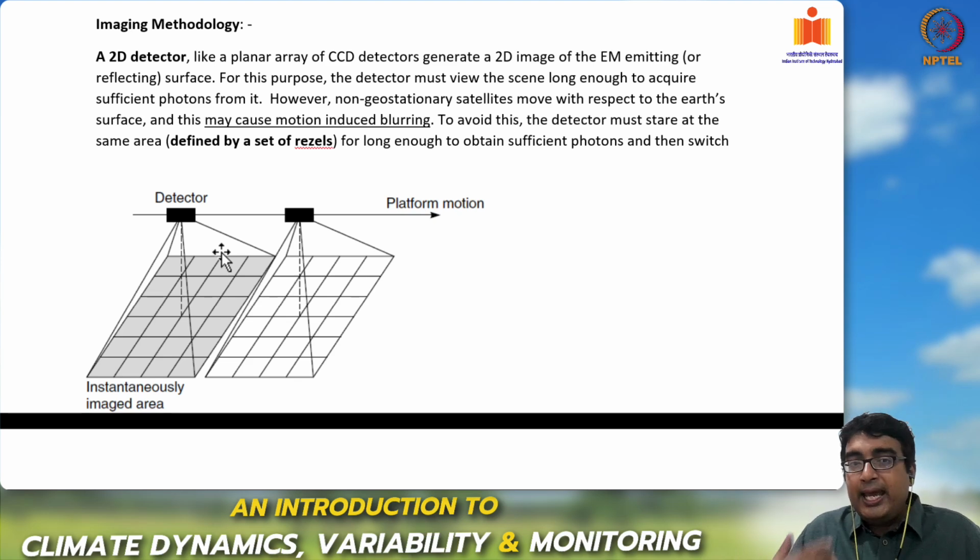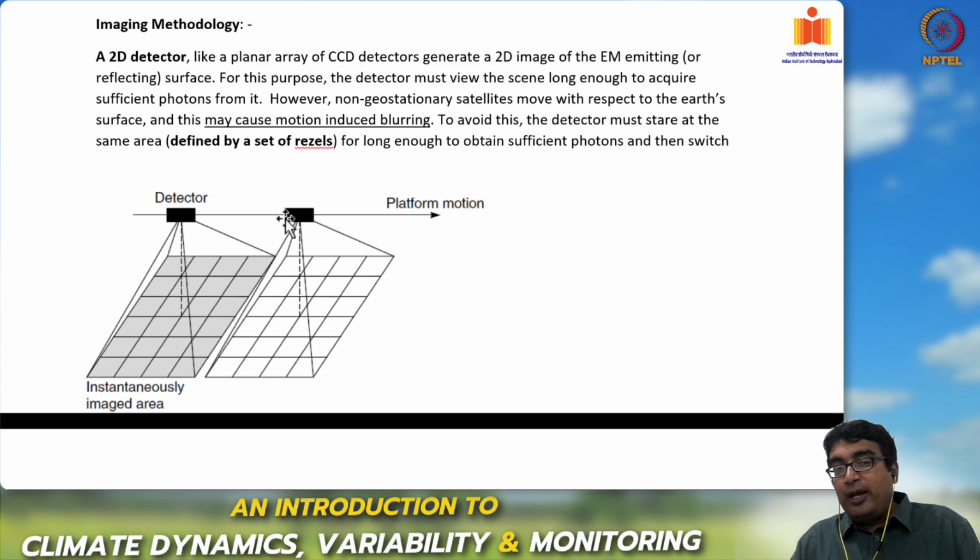Okay. Then once enough photon information has been obtained from this surface, this control system shifts to track the adjacent area, which is non-overlapping with this initial raster area, and this process goes on. So from this point to this point, it is always looking into this area.